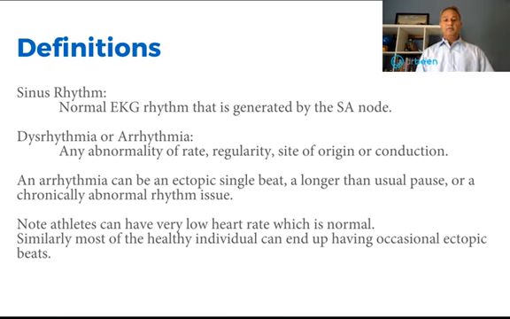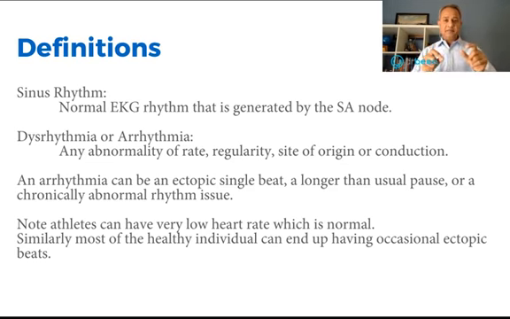Now, please keep in mind that in all of us, healthy individuals, it is actually possible that there are aberrant beats or ectopic beats or occasional arrhythmias which are short-lived, which may be 1 beat or 2 beats, which may be short-lived pauses. Even a pause is an arrhythmia. An extra beat or extra systole is arrhythmia.